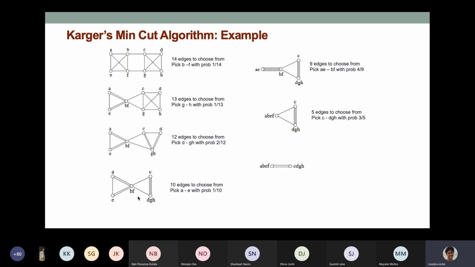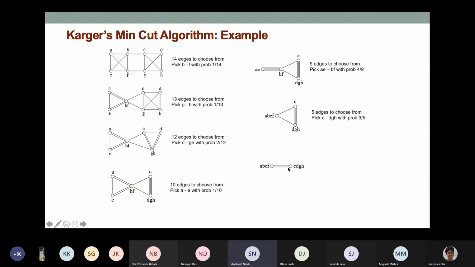Random means we can pick a lesser weighted edge, or in this case we are randomly choosing the high probability edge. We could have chosen this edge also, like CDGH. Then at first we would have AEBF and CDGH. Then at the next step we would have collapsed it. So we would have come to this through a different path.